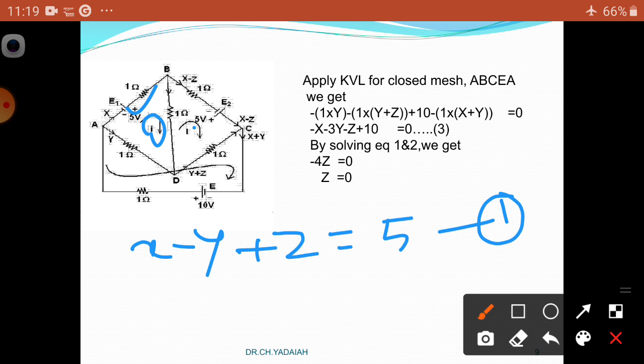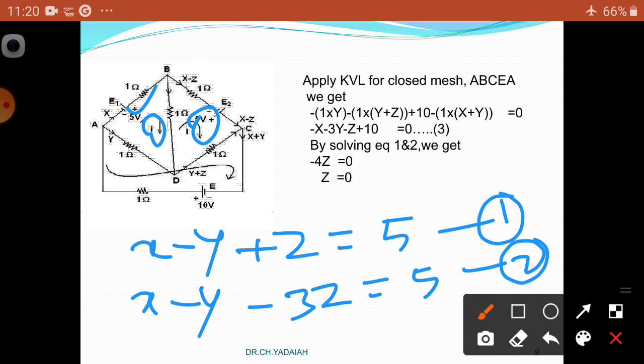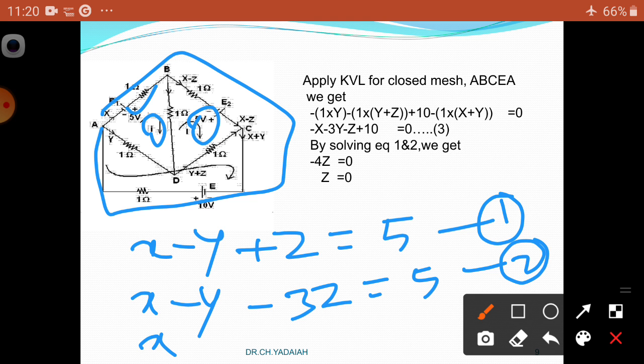In the second loop, what is the equation? That is x minus y minus 3z is equal to 5. This is the second equation. And the third equation from the third loop: x plus 3y plus z equal to 10.